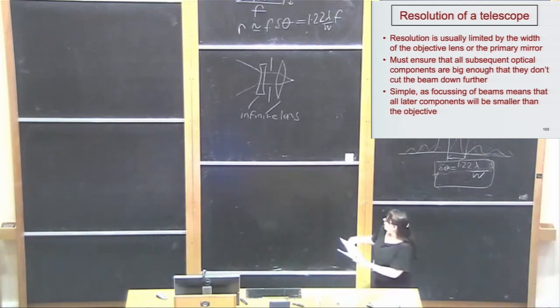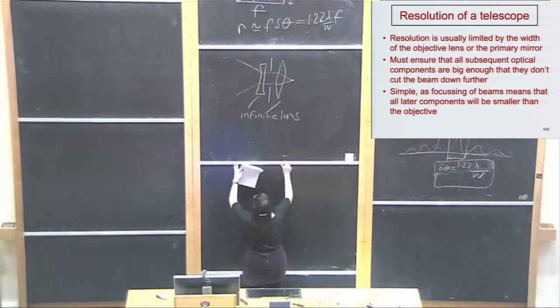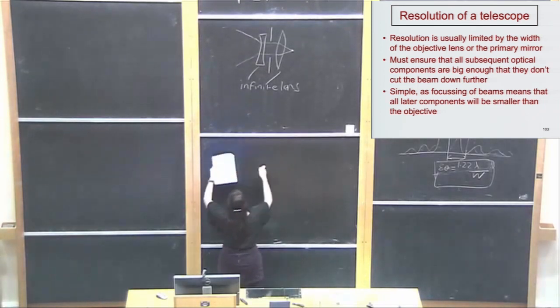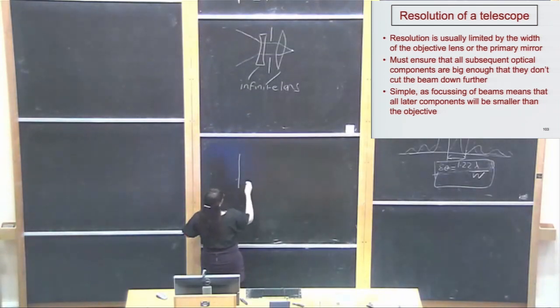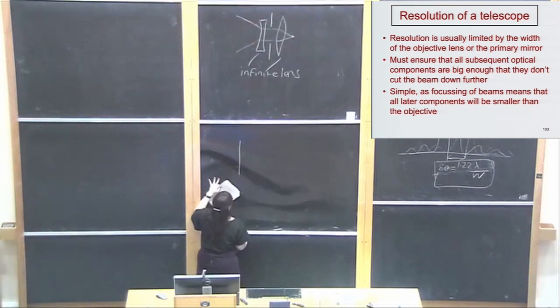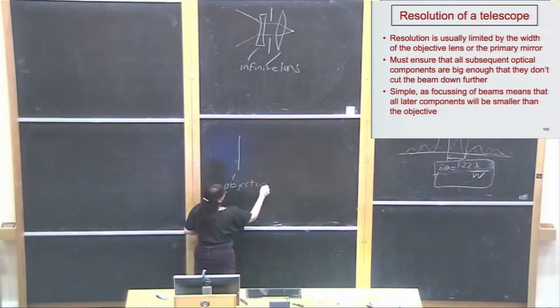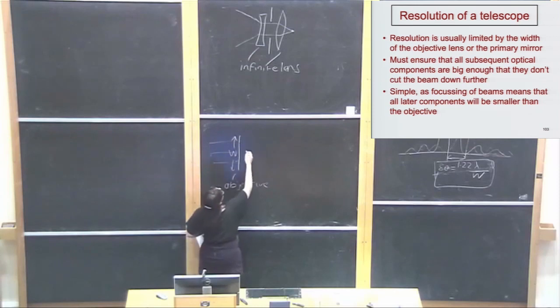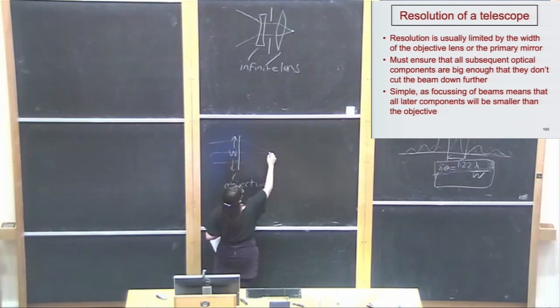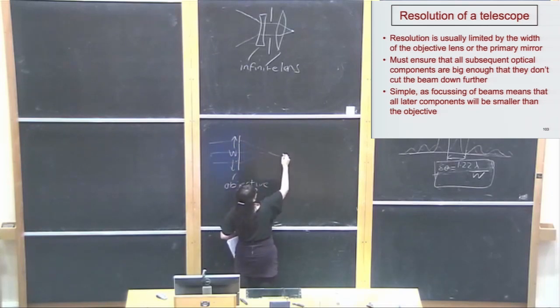Let's look at the simplest case of telescope that we looked at last term. So you've got some big objective lens, and we'll give that a width W. You've got your light coming in. We allow that to converge and come out again.